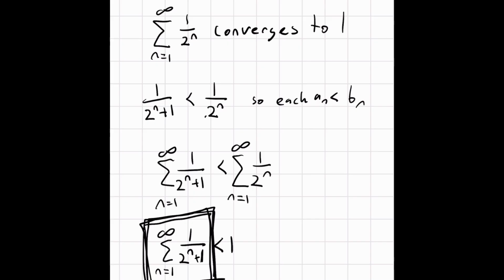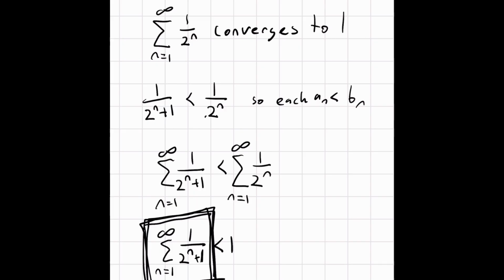Now, this doesn't necessarily tell us what it must converge to, but we at least now know that it converges, which, as we emphasized with the last section, a lot of the time is where we stop looking. Once we know it converges, we're typically pretty satisfied with that.